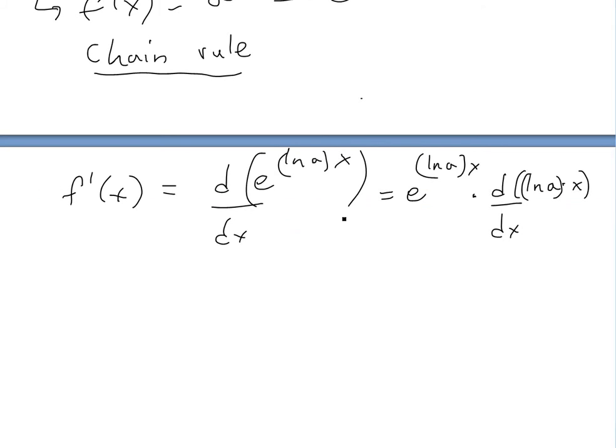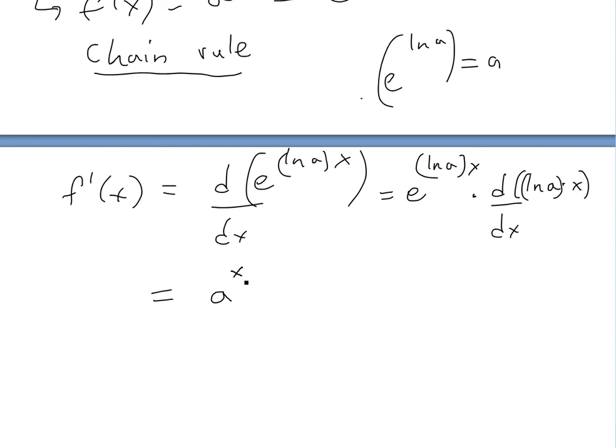And then e to the ln a is just equal to a, so we can simplify this part to a, because this thing right here is equal to a.